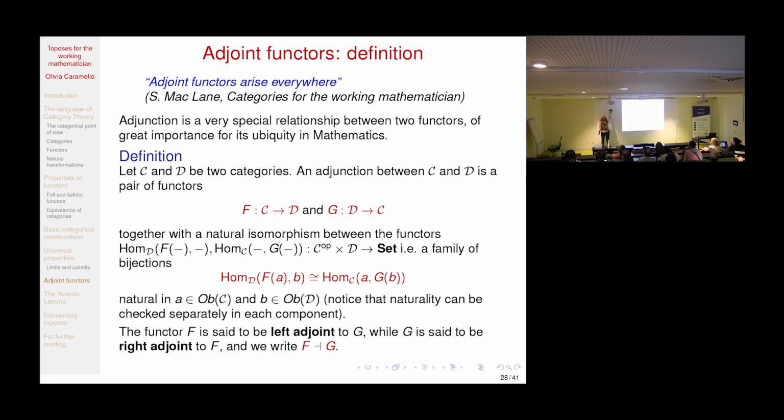Adjoint functors indeed arise everywhere in mathematics, and not only, in many other scientific contexts. Of course, once suitably formalized. But in order to realize this, you should get familiar with the abstract notion. So I'm going to present it to you.